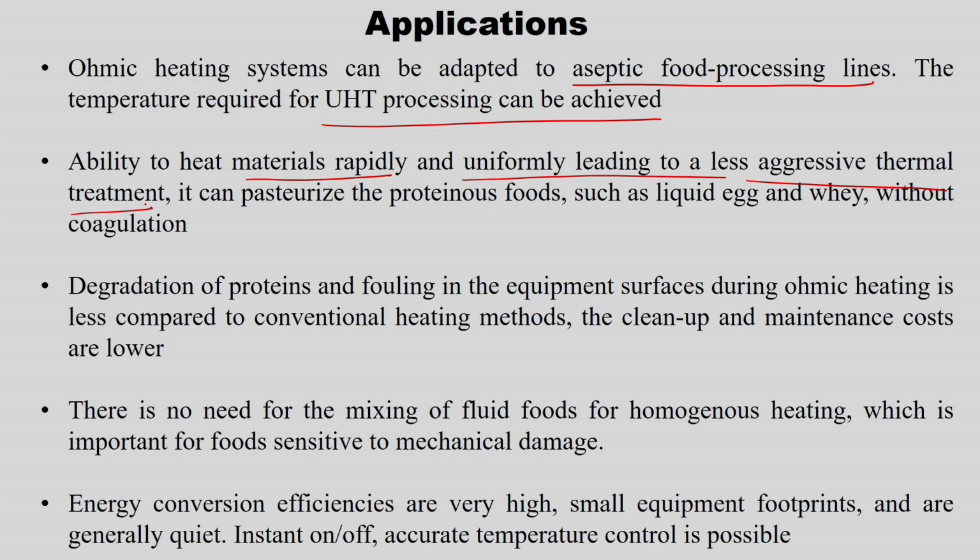My temperature is not that high, and it can pasteurize proteinous foods such as liquid egg and whey without coagulation. It can pasteurize proteinous products which may be difficult using conventional thermal processing technologies.